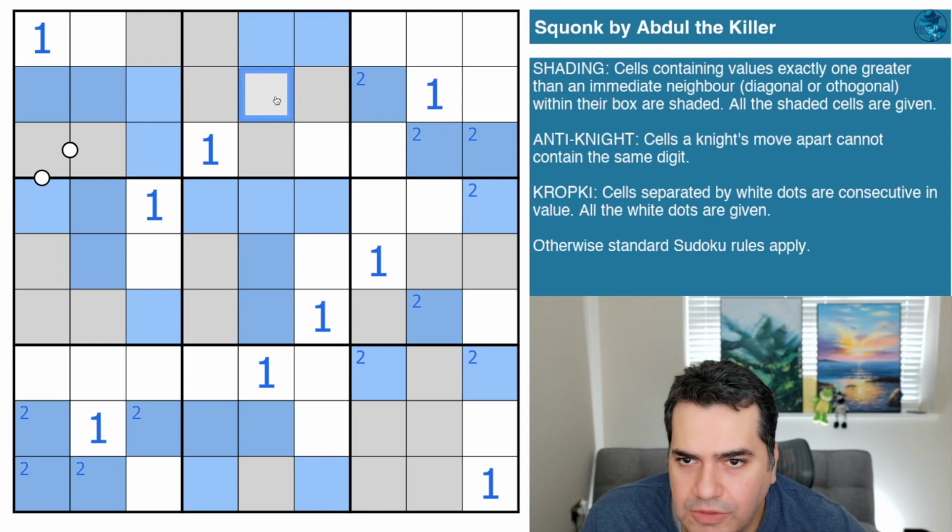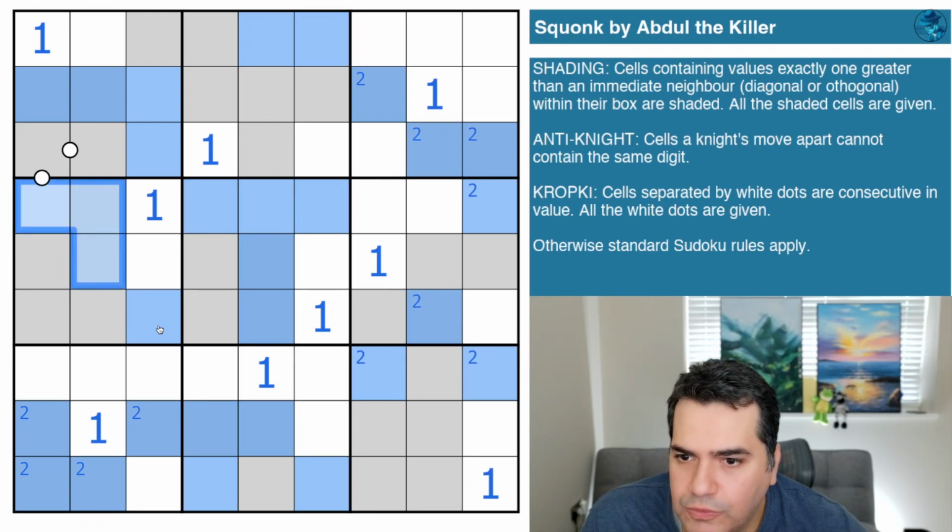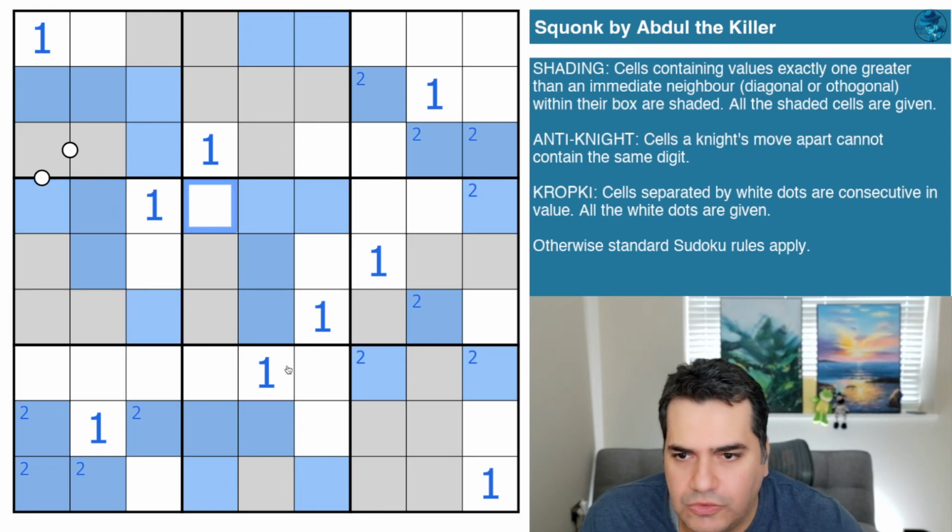Right. Some more knight's move, surely. You know, it'd have been lovely if this was shaded. That would have eliminated a lot of options. I'm going to say this can't be because it sees all of these. It sees this with knight's move. It sees this with knight's move. It's not that.